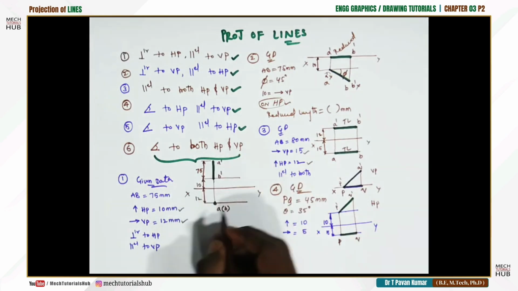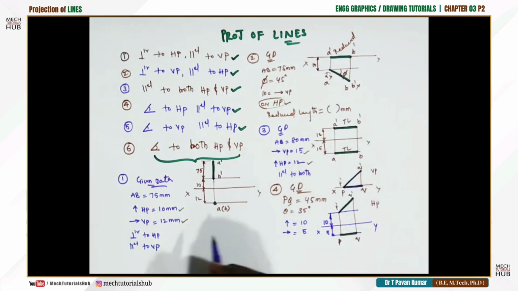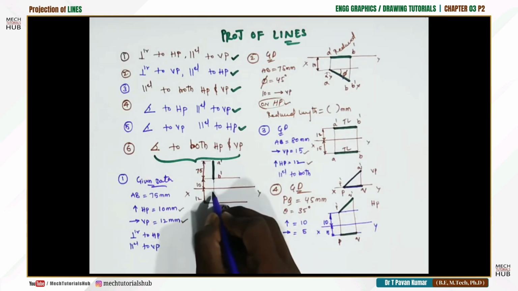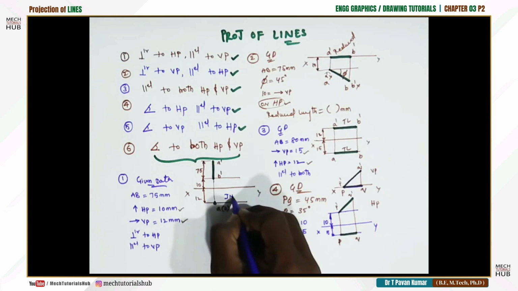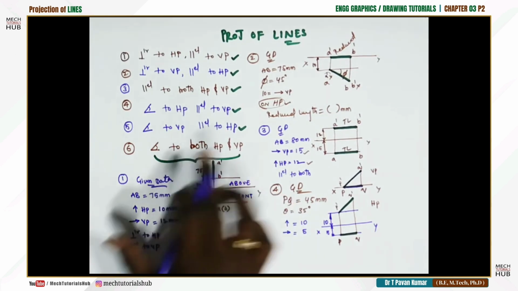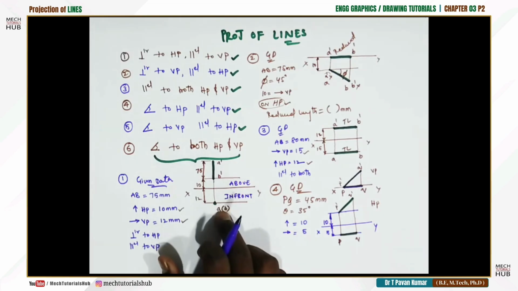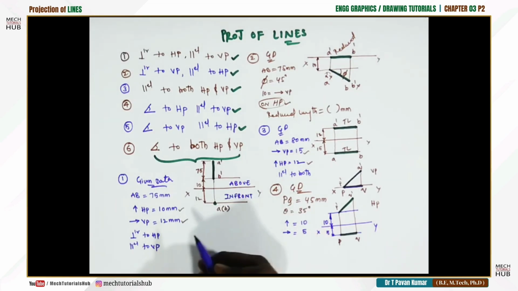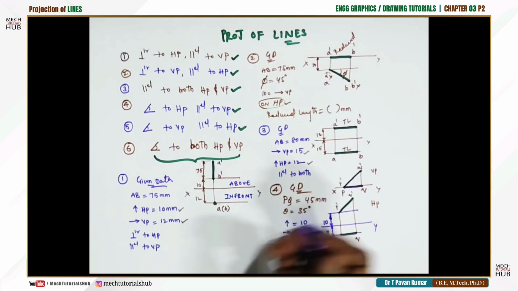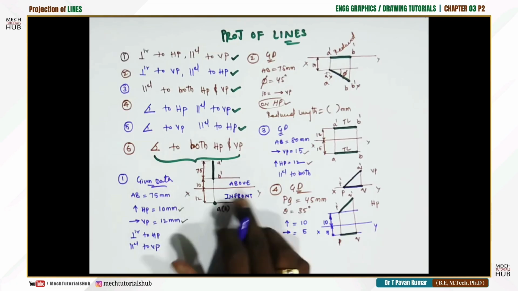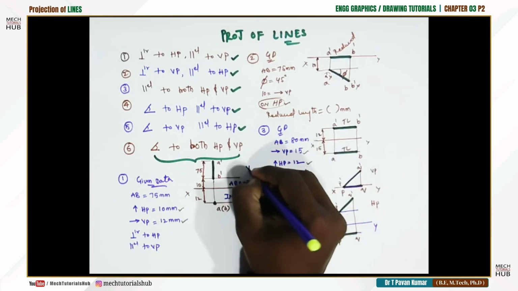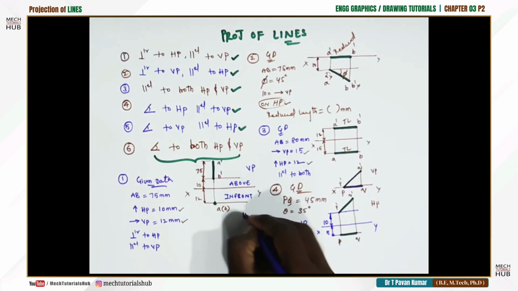In all the problems you have drawn, try to focus. Here, below XY is always the in front distance, and this is the above distance. Remember, we are dealing with the first quadrant. In the first quadrant, below is always the in front distance, and above is the distance above HP. Above the XY line it is always the vertical plane, below it is always the horizontal plane.